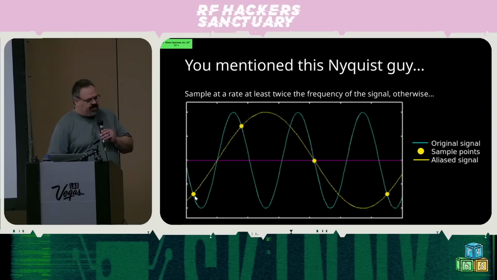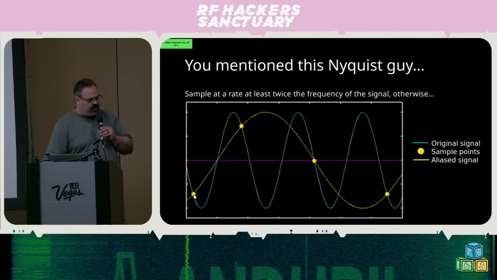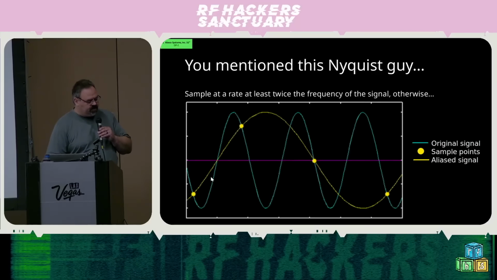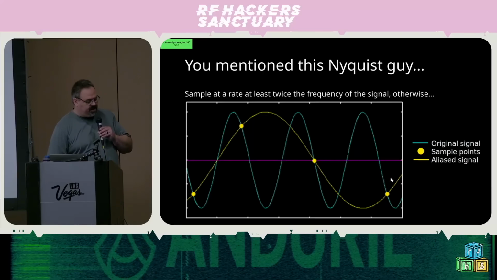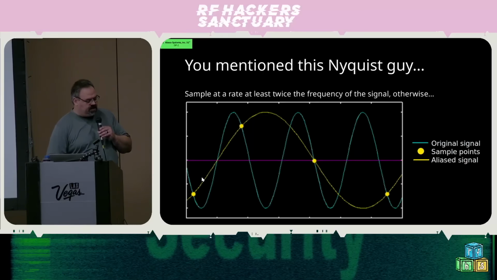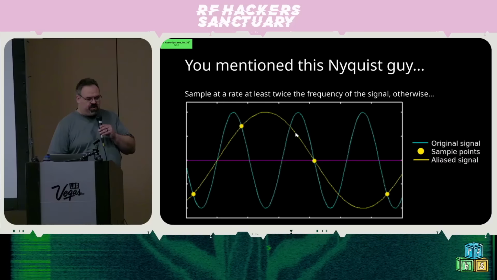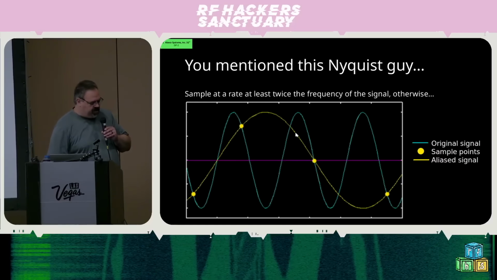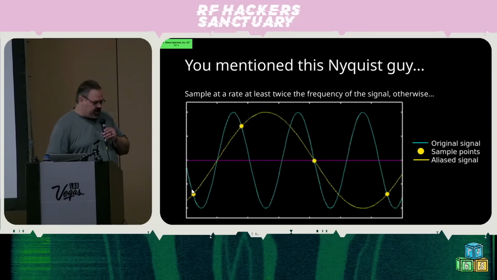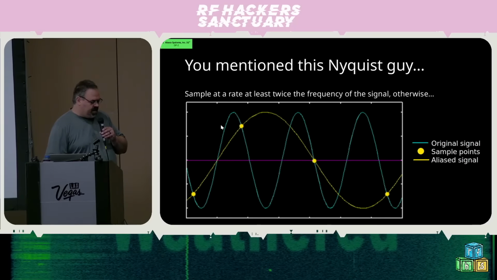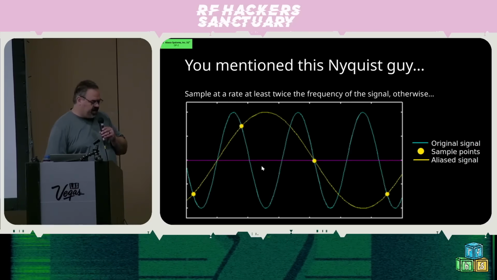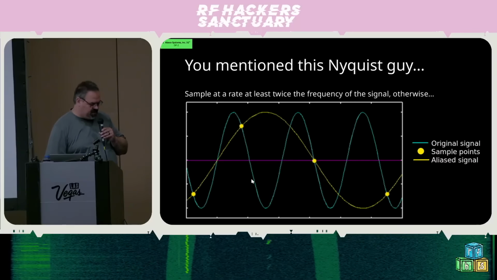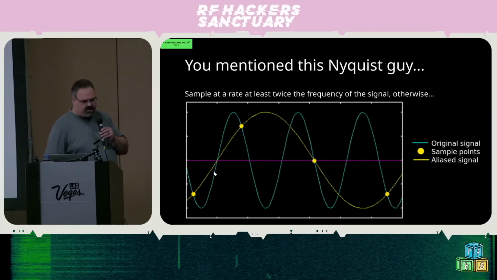And then we have a much lower sample rate than what that signal is. When you sample at those points, it looks like you have this yellow signal instead, which is not actually there. So what you need to do again is capture it at twice the cycle rate of the signal, so that you can actually see what it's doing, see the high points and low points.